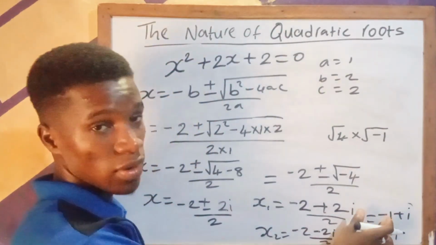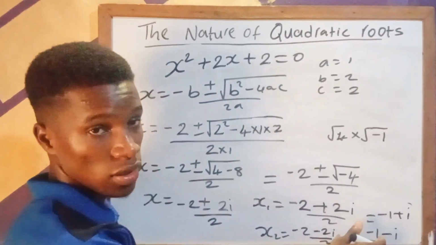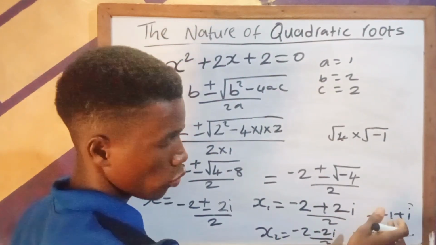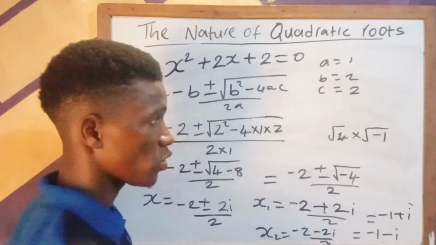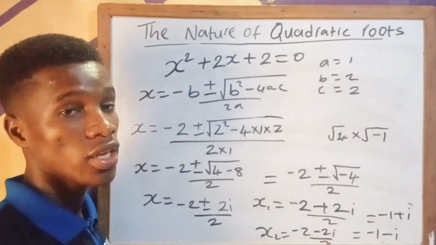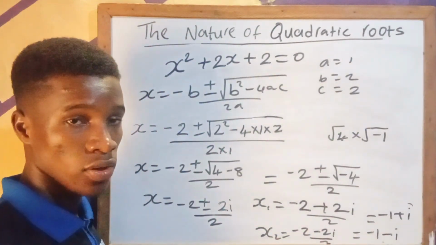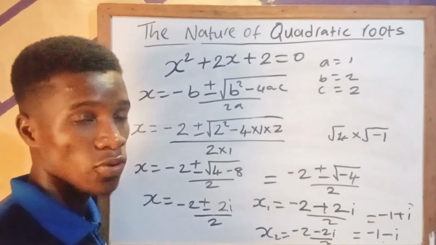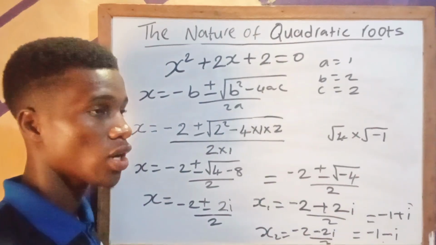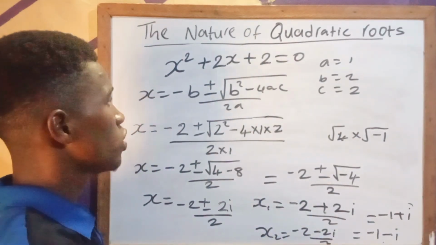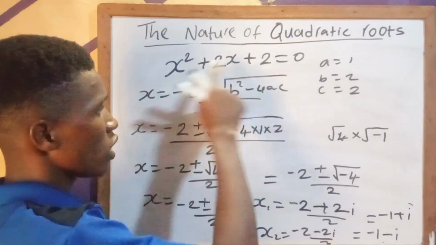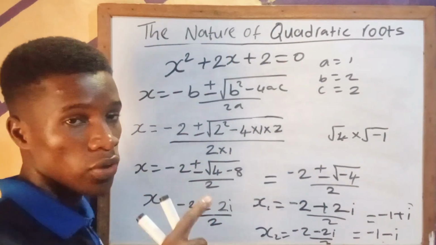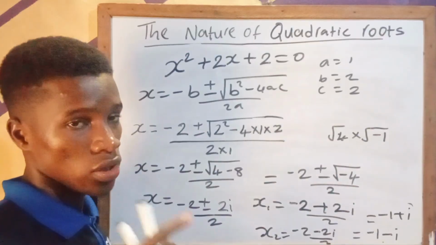This is a complex number made up of a real part and an imaginary part. This is also a complex number made up of a real part and an imaginary part. So you see that the discriminant tells us the absolute fact. Before solving any quadratic equation, you use the discriminant. You can even do it with your eye: b squared is 2 squared, minus 4 times a, which is 1, so 4 minus 8 gives you minus 4.